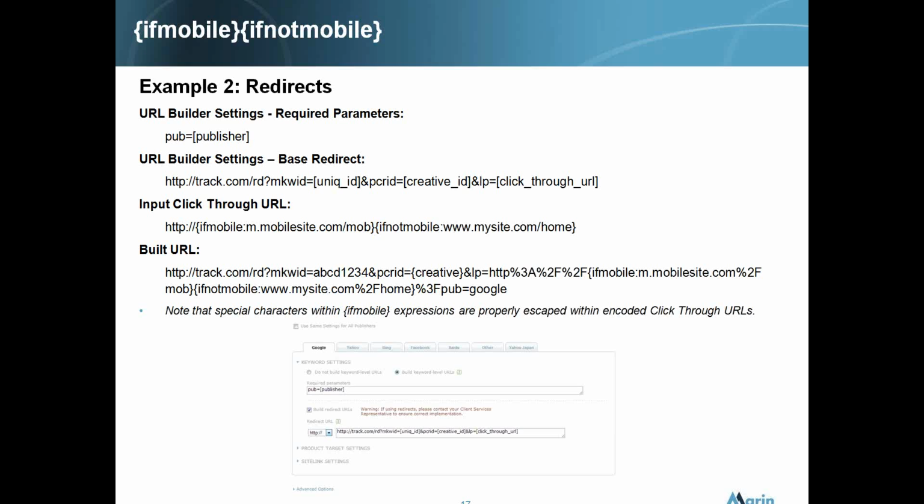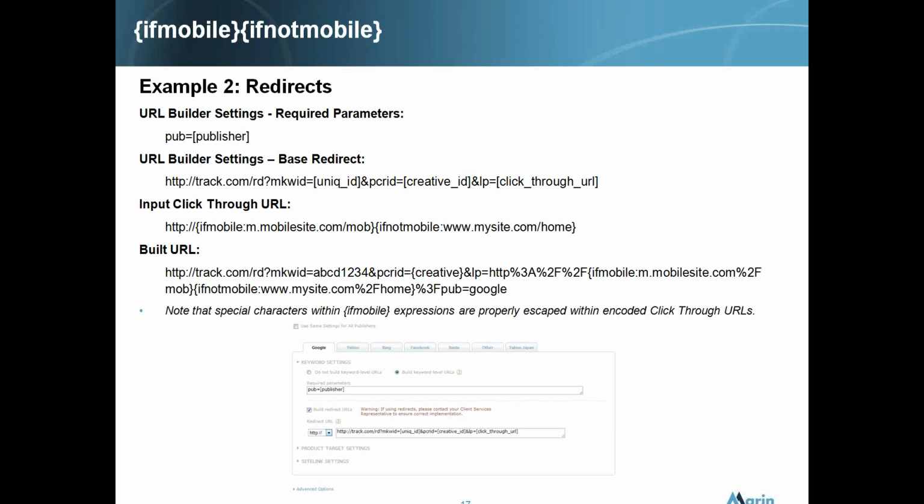So again, the input would be very similar in that you're going to be able to upload using the ifmobile, ifnotmobile. And then the built URL will wrap the ifmobile, ifnotmobile URL with the redirect tracking and append the additional parameters in required parameters.